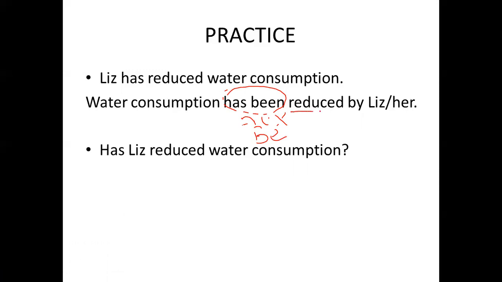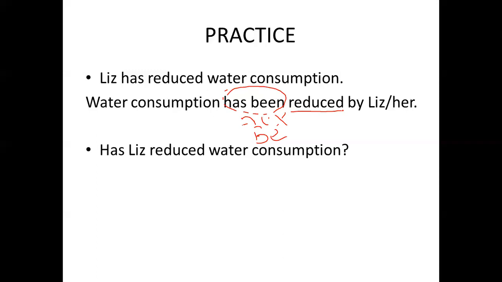And "reduce" is always, always, always in the past participle form. Use "reduce", and you're finally using "by". Liz is the proper noun, or "her" if you decide to use the object pronoun. So that was the idea.